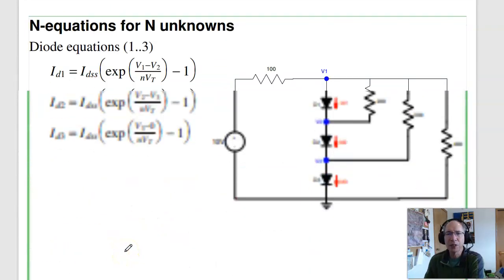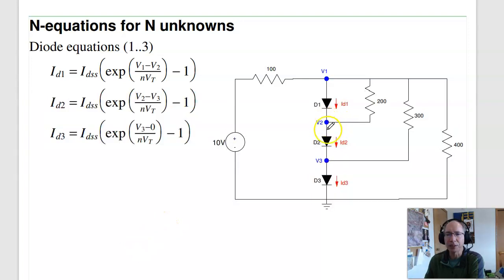So first off, let's come up with the first 3 equations. Those are the diode equations. If I just look at diode 1, all diode 1 sees is anode to cathode, V1 versus V2. So take your diode equation and plug in, this is your VD, anode to cathode. This diode sees V1 minus V2. Doesn't care about anything else in the circuit.